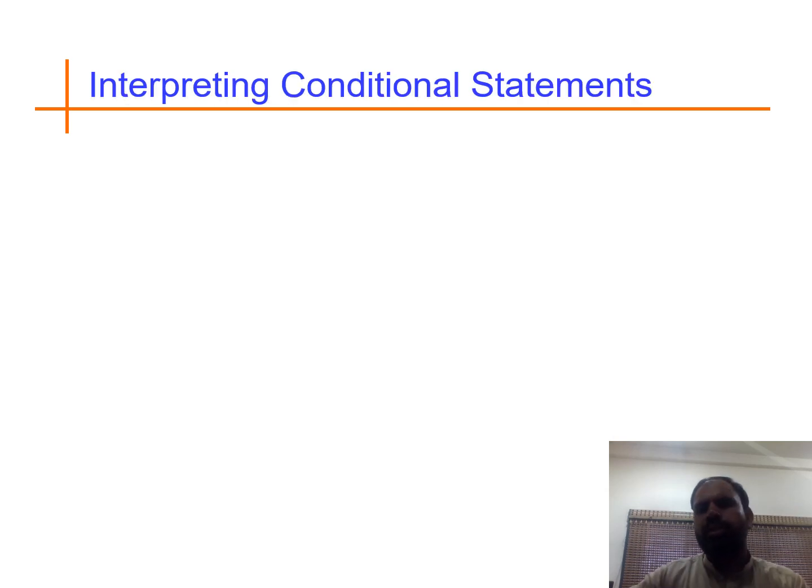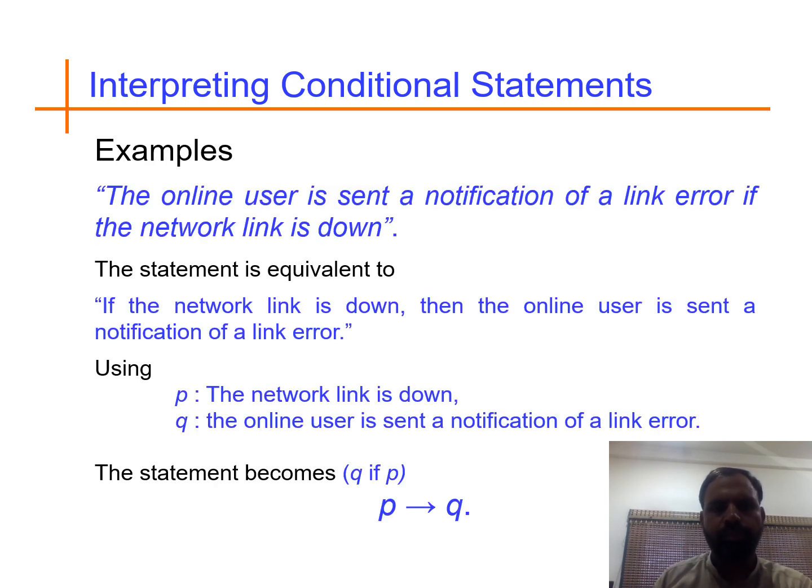Interpreting conditional statements. Now we interpret the conditional statements. For example, the online user is sent a notification of a link error if the network link is down. The statement is equivalent to, we can say, if the network link is down, then the online user is sent a notification of a link error.